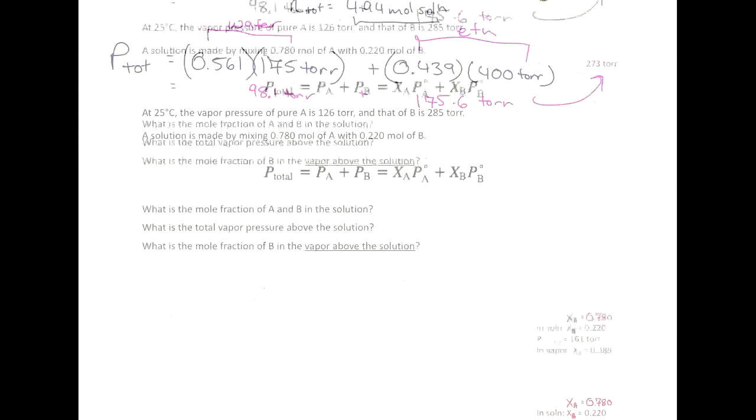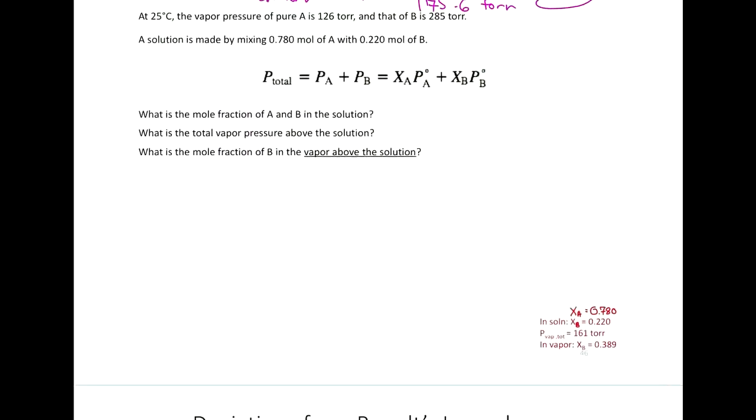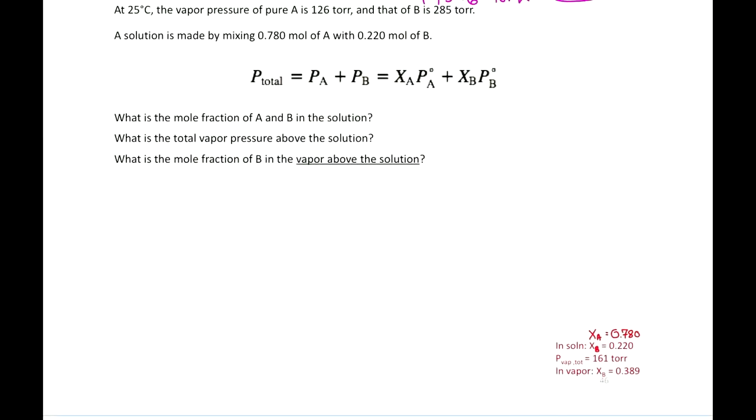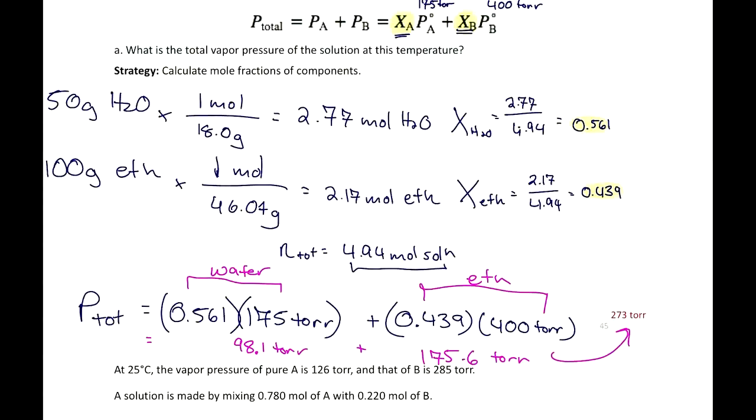Okay, so let's do another one that's very similar, but I ask it a little bit differently, and expands on what we just talked about. Let me actually go back to this question. So when we put all of these numbers together in Raoult's law, we see that water contributes 98 torr in the vapor phase.